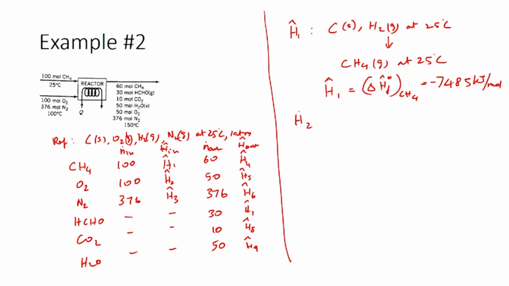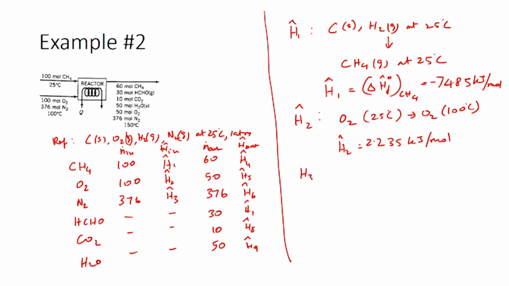Now for H2 cap. H2 cap is oxygen being heated from 25 degrees Celsius to 100 degrees Celsius. You can get this value from the table for combustion gases. So, this H2 cap would be equal to 2.235 kilojoules per mole.